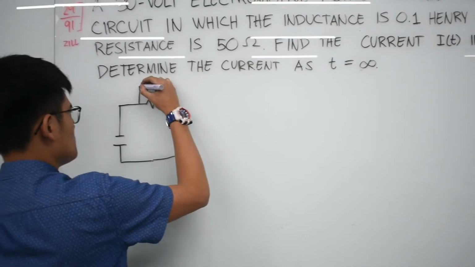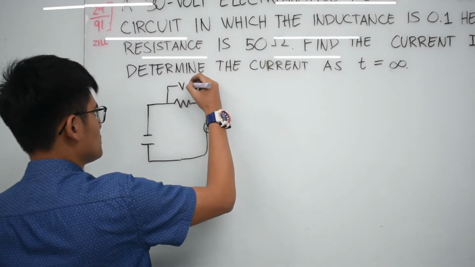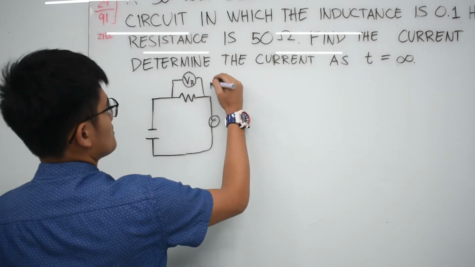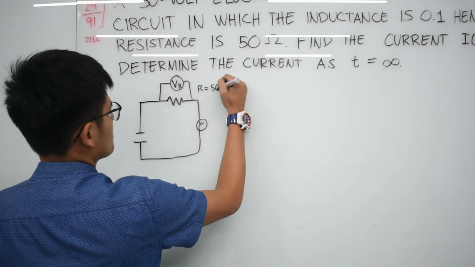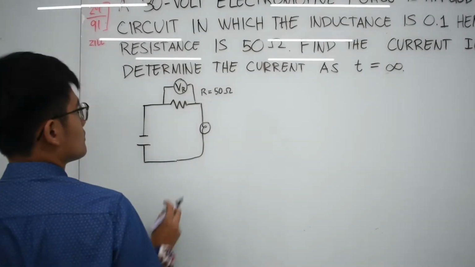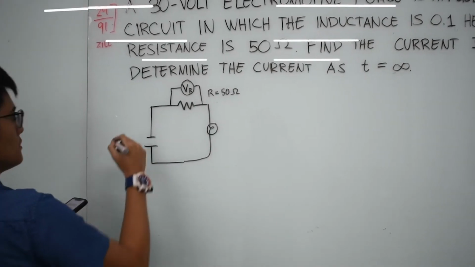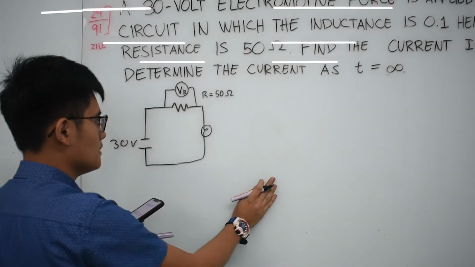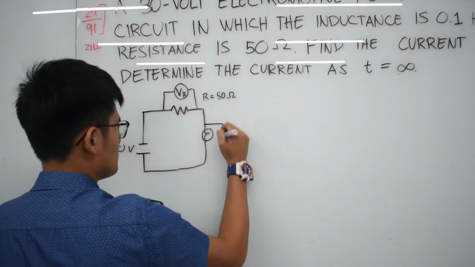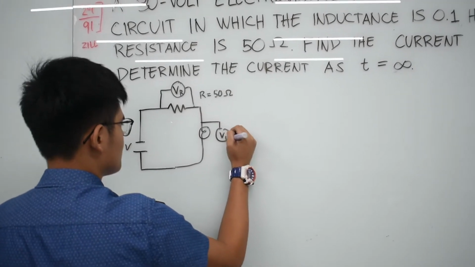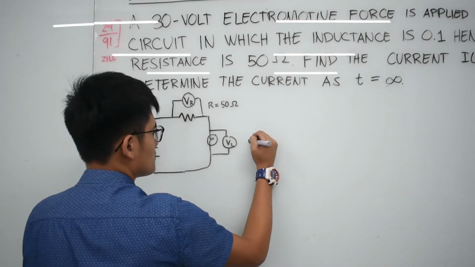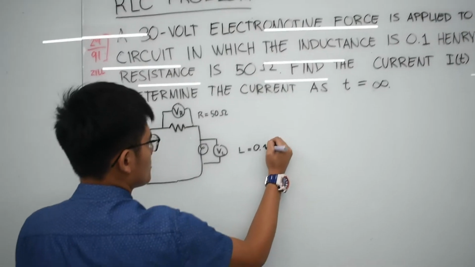The resistance is 50 ohms, while the electromotive force is 30 volts. And the inductance is 0.1 Henry.